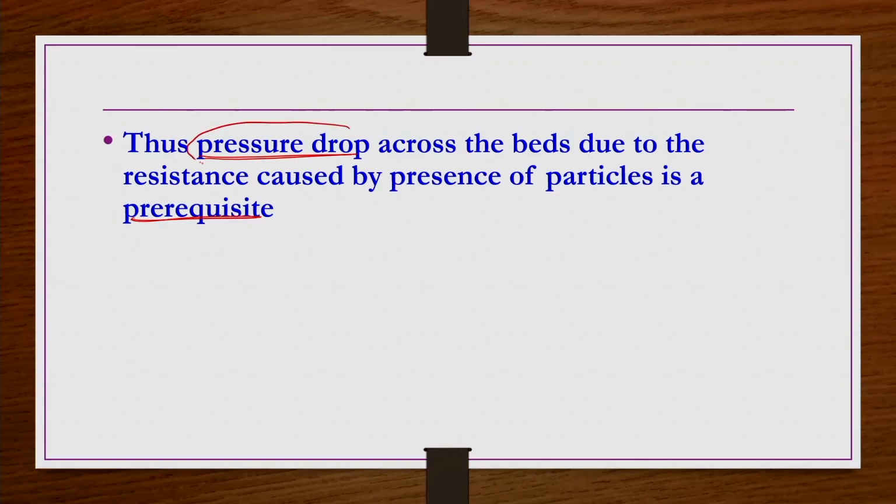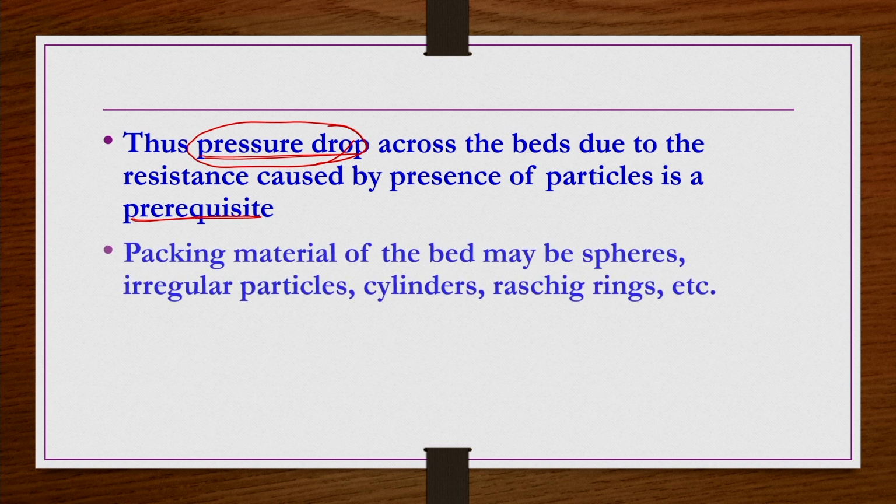So, the average velocity in a packing is very different compared to the average velocity we expect in a single column without any packing. Okay. So, that is the reason pressure drop is very important in the design of this equipment. So, we have to find a proper way to find out this pressure drop for a given system.